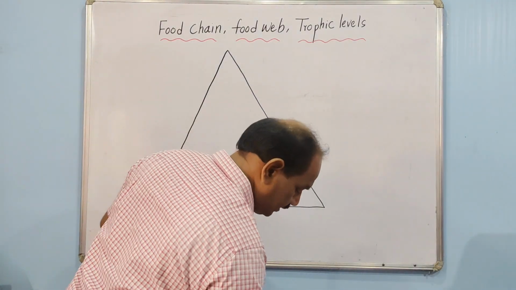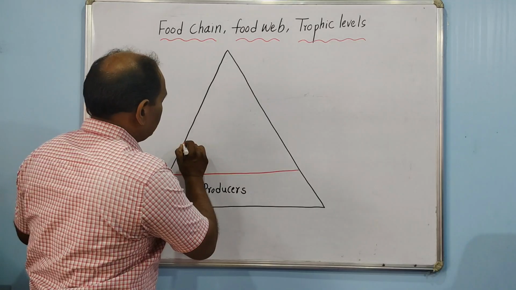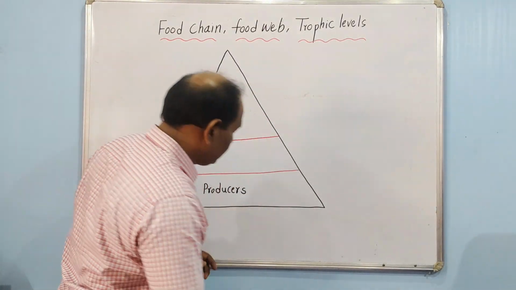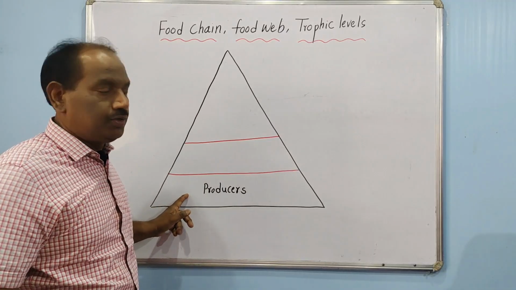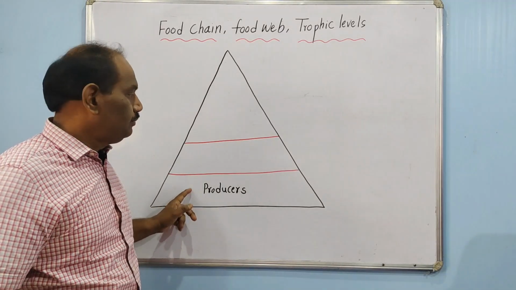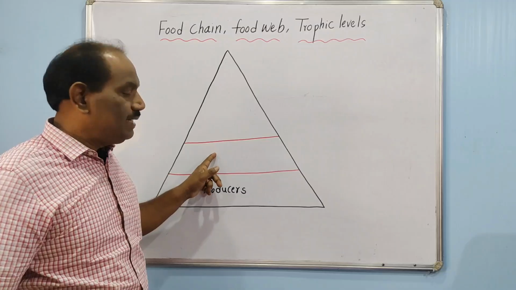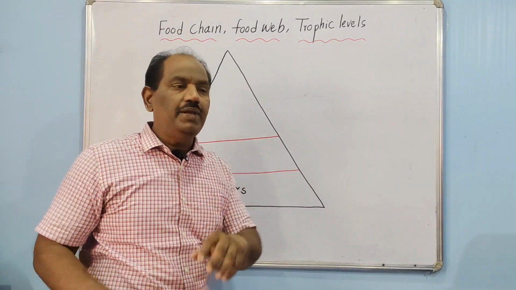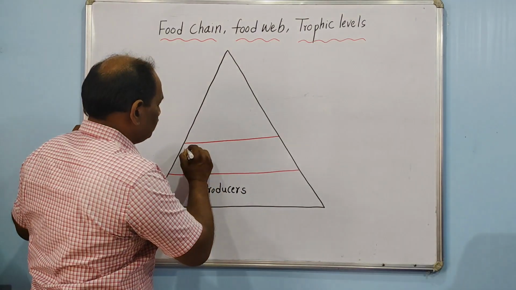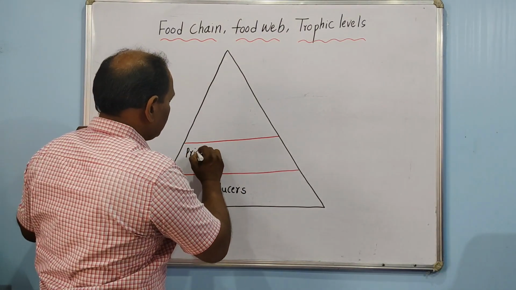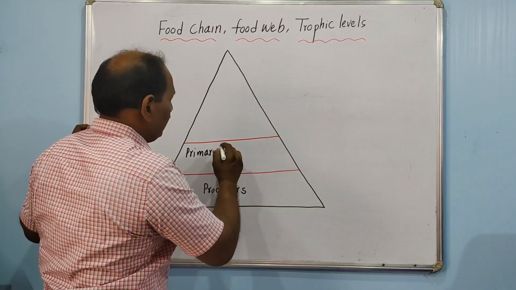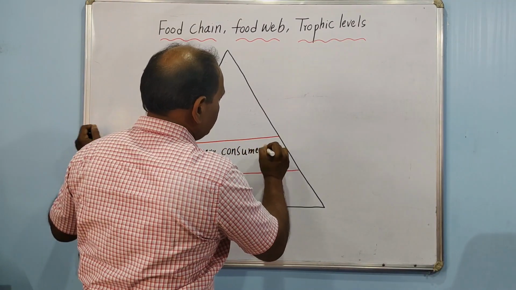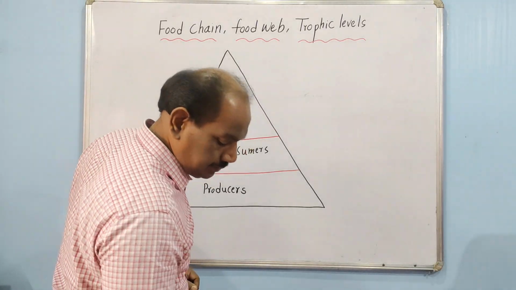Here I want to write the producers, autotrophs, plants, also called producers. Here I want to write the plant-eating animals, herbivores, also called the primary consumers.